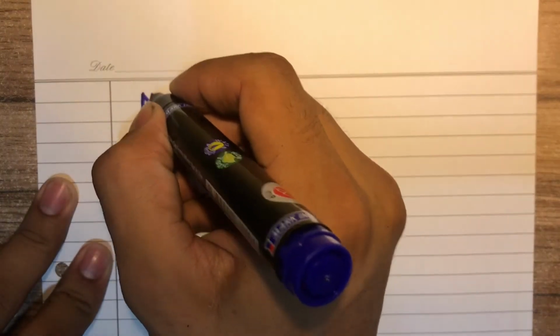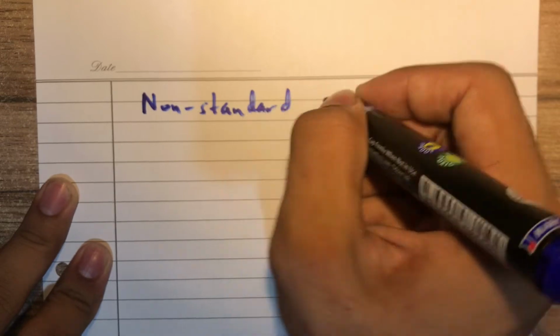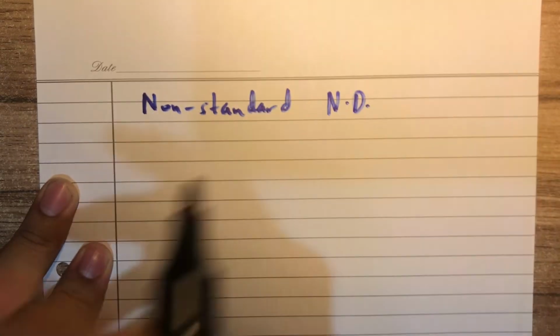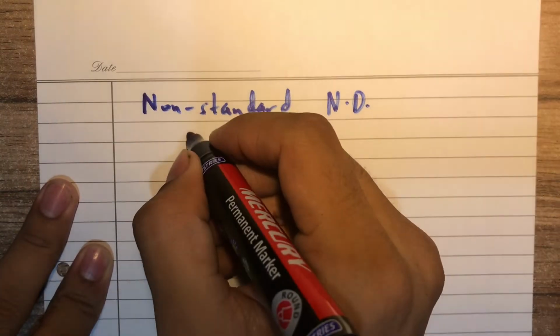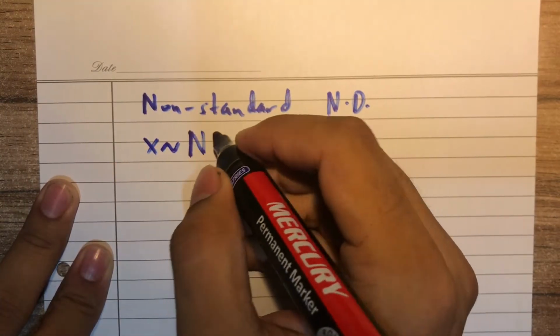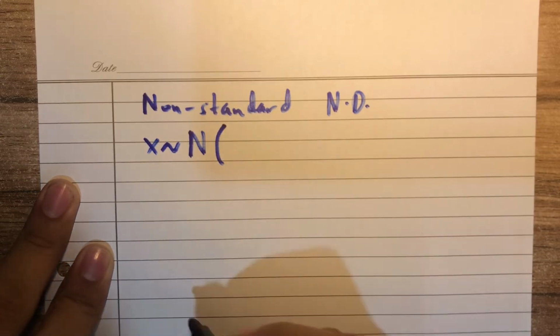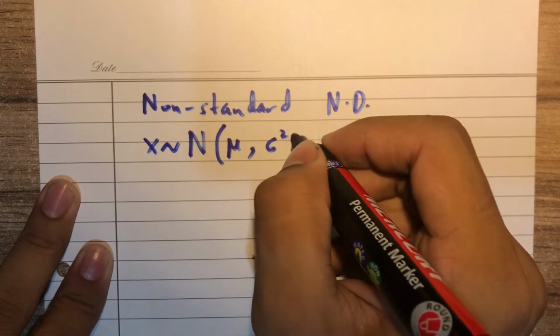Now non-standard normal distribution. In standard normal distribution, what we had was that x follows normal and the mean was 0 and variance was 1. But now we'll have a mean and variance that are not 0 and 1.